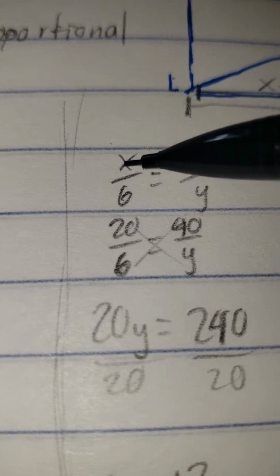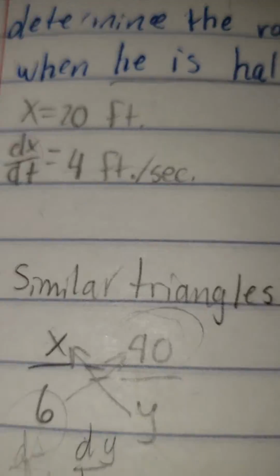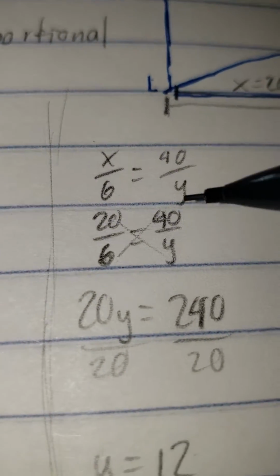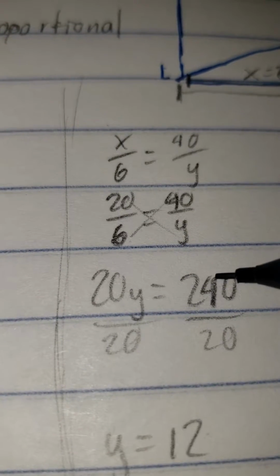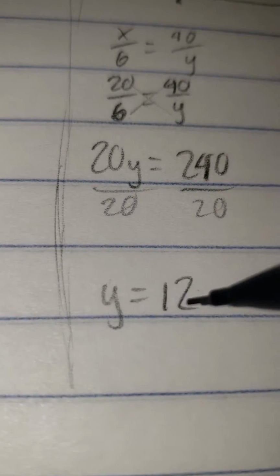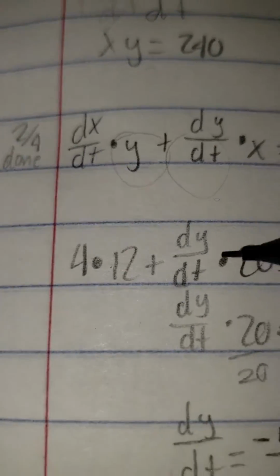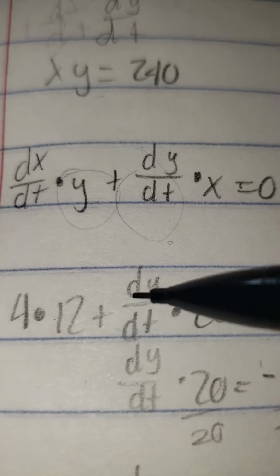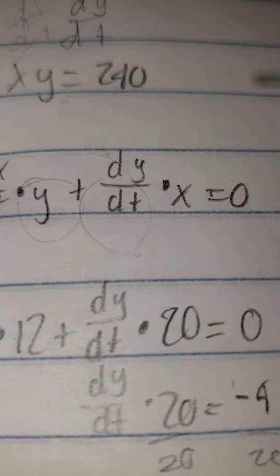We plug in the value of x, which, as we stated earlier, was 20. So 20 over 6 equals 40 over y. Cross multiply, 20y equals 240. Both divided by 20, y equals 12. So plug everything in. It's 4 times 12 plus dy over dt times 20.